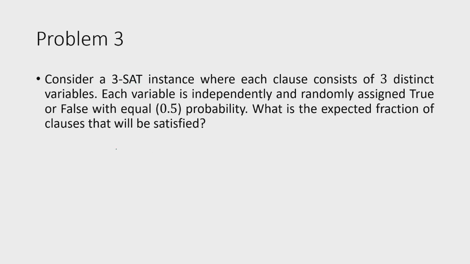So it looks like C1 and C2 and C3 and C4 and so on, and you are given these clauses C1, C2, C3 explicitly. Right now we are not interested in whether the formula is satisfiable or not, but rather how many clauses this procedure will satisfy in expectation.